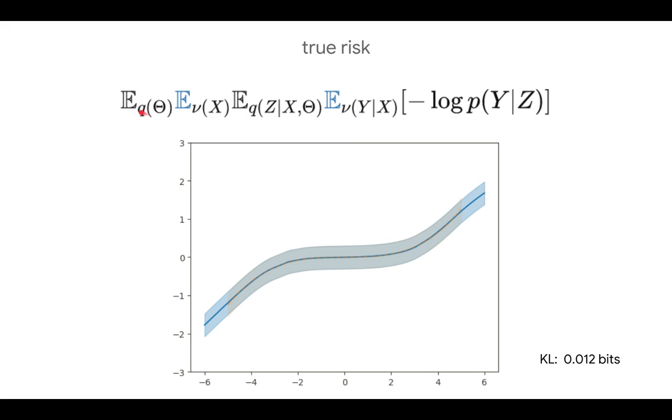In an ideal world, up to a constant, the KL divergence from the true distribution to our model is just the negative likelihood of our model, where the expectations are taken with respect to the true data distribution. The constant is the entropy of the data distribution, the thing we're interested in.